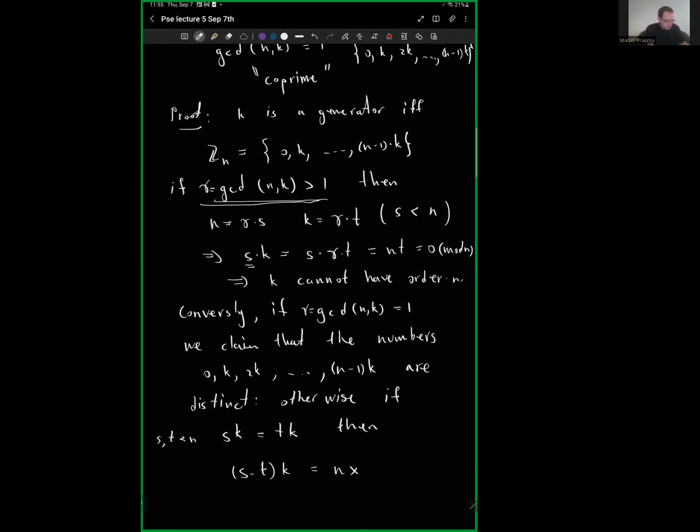I mean, they are equal modulo n, right? So (s minus t) times k is 0 modulo n, which means it's n times x for some x. And since they have a GCD equal to 1, in particular k cannot divide n. So it means that k must divide x.